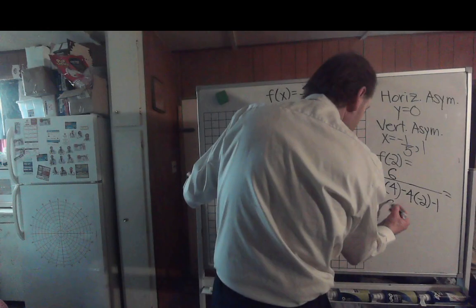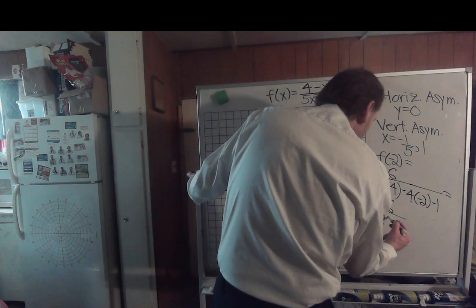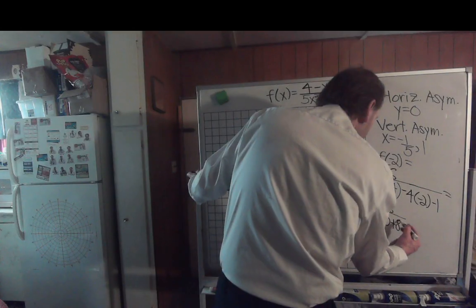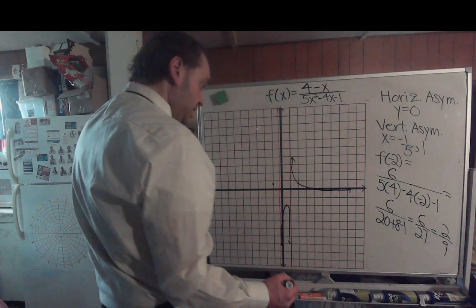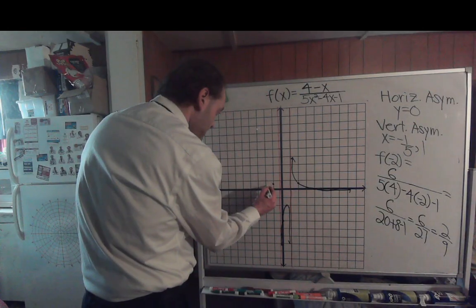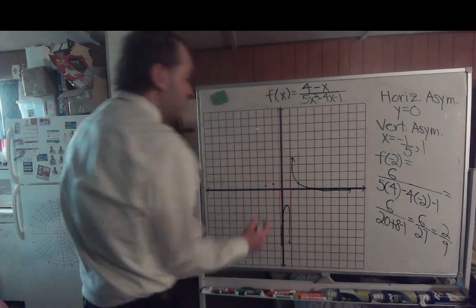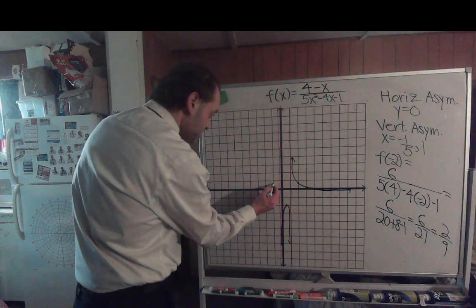Well, this would turn into 6 over 20 plus 8 minus 1. Well, that would give you 6/27, which would give you 2/9. So that's less than half. In fact, you're going to ride real close to 0 to the left.